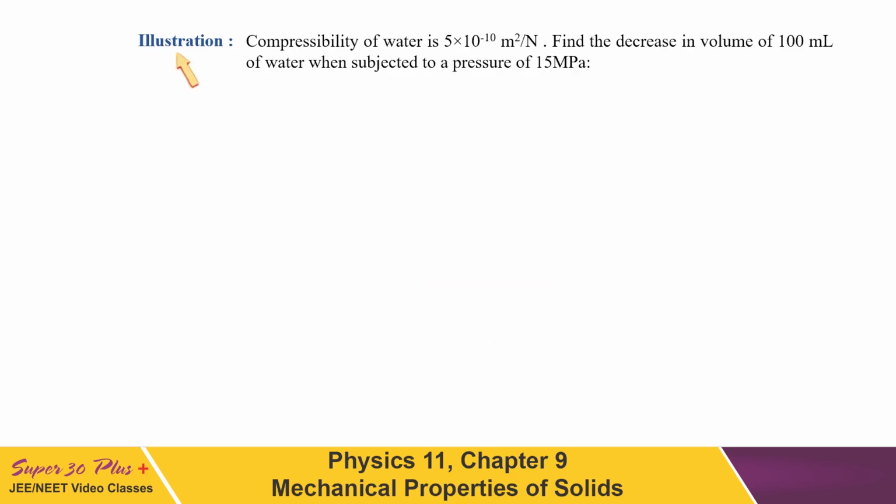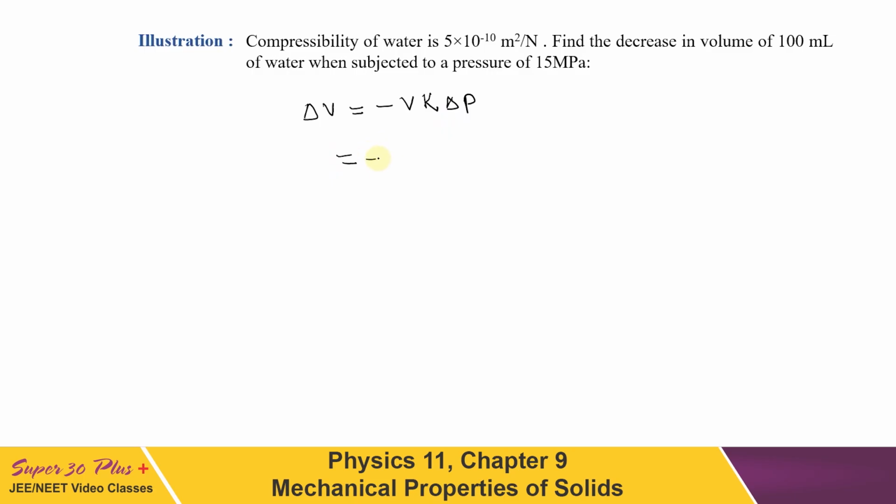One more question is there. Compressibility of water is 5 into 10 to the power minus 10 meters square per Newton. Find the decrease in volume of 100 ml of water when subjected to a pressure of 15 megapascal. Here we know that compressibility is reciprocal of bulk modulus. So directly we can write delta V to be equal to minus V into K into delta P. Now simply substitute all the values.